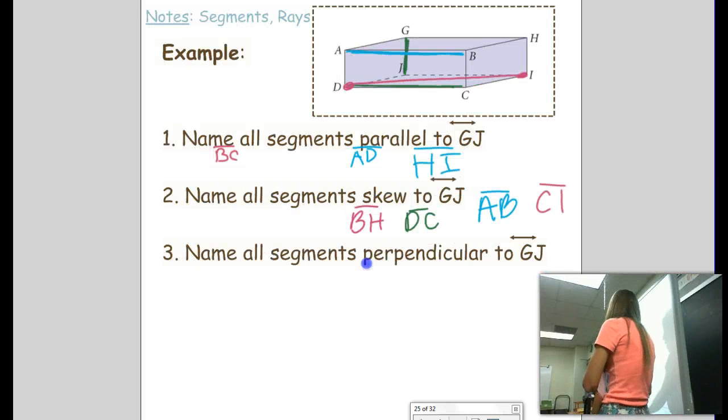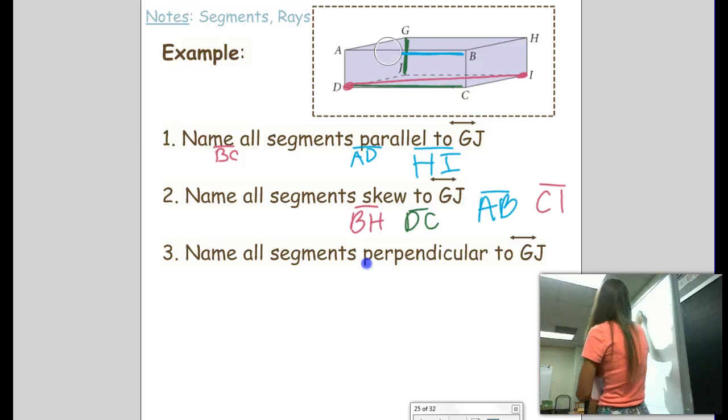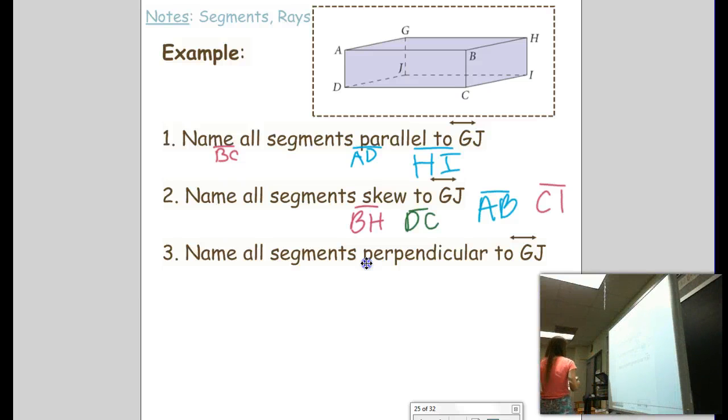Last one. Name all segments perpendicular to GJ. Perpendicular. All segments that make a 90-degree angle with GJ. Alexa, give me a segment that makes a 90-degree angle with GJ.